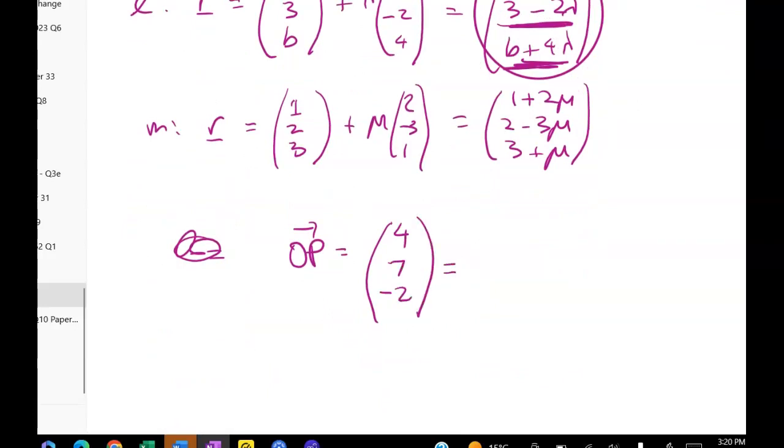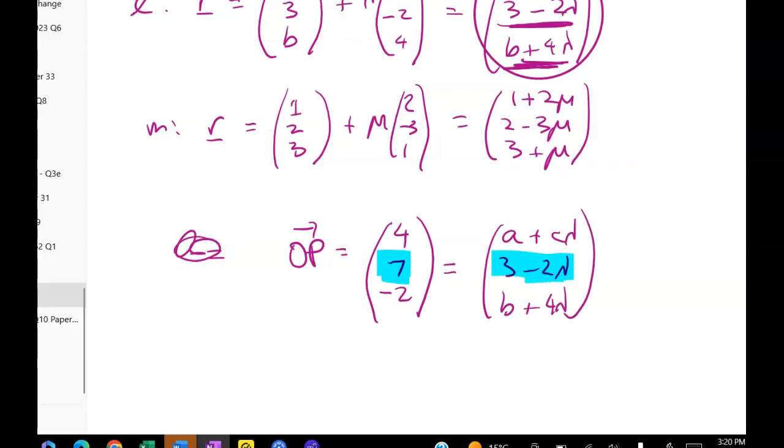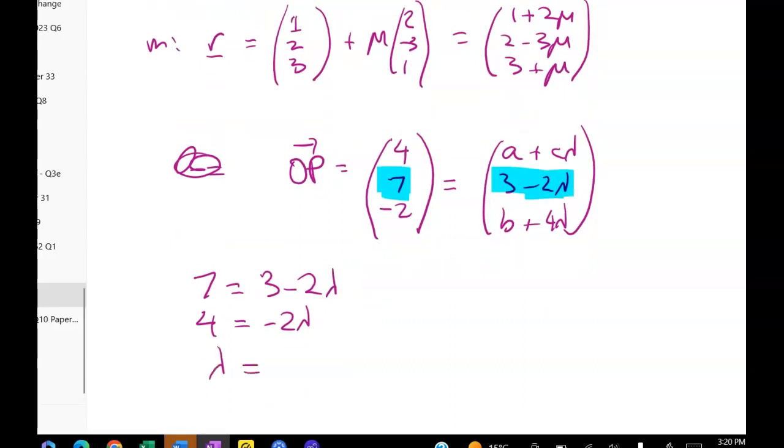And we know that it lies on line L, so we're going to have A plus C lambda, 3 minus 2 lambda, and B plus 4 lambda. So I'm going to equate these two here. 7 is equal to 3 minus 2 lambda. 4 is equal to negative 2 lambda. So we get a lambda value for point P of negative 2.